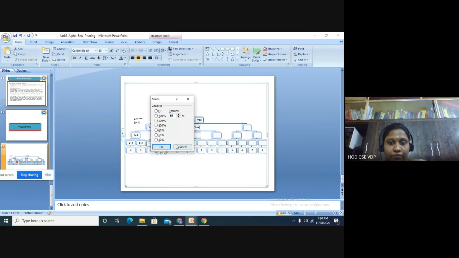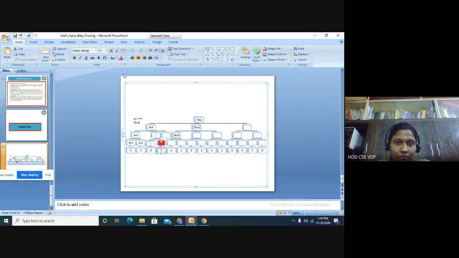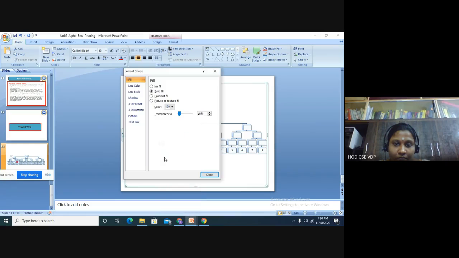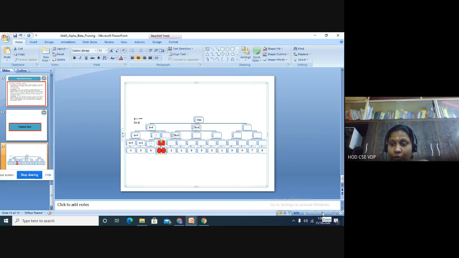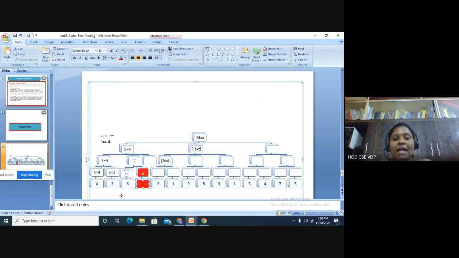These two. These two are pruned because my alpha is greater than or equal to beta at this step.